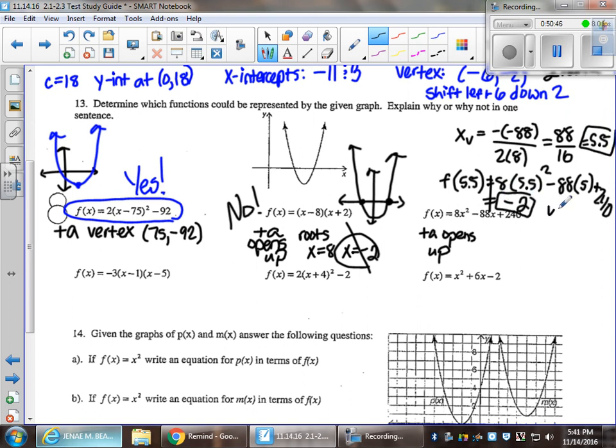So putting this together, the vertex is 5.5 comma negative 2. So what would that graph look like? 5.5 to the right and then down, and it opens up. Could this work? Rough sketch? Yeah. Yep, this one's possible.